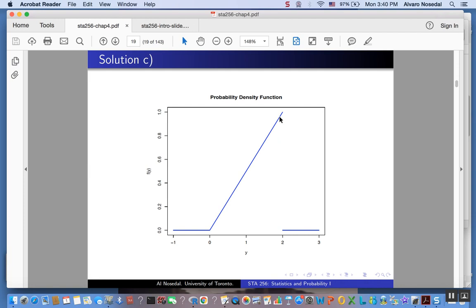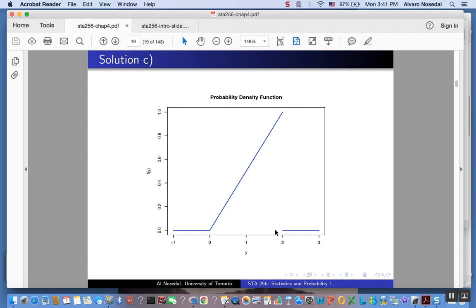Those are: f must be a non-negative function, something that lives on or above the horizontal axis, right? And the integral from negative infinity to infinity of that function, meaning the area under the curve, must be 1.